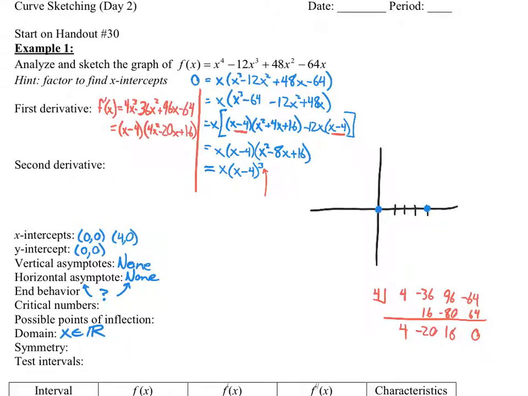I'm not getting it. I mean, the multiplicity of 3 is 4x plus 3. You remember how we would have sketched this last year. We would have seen the multiplicity of 3, and we wouldn't have drawn it going straight through 4. We would have drawn it kind of leveling off, going through 4, and then increasing.